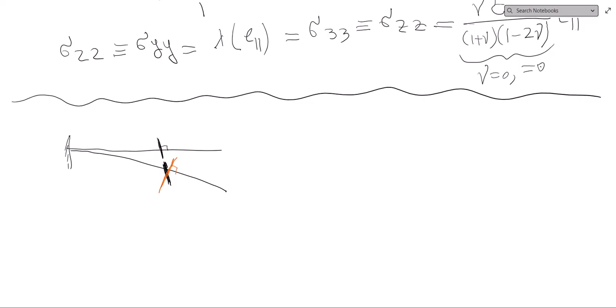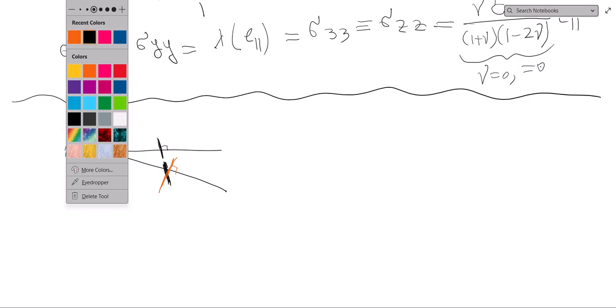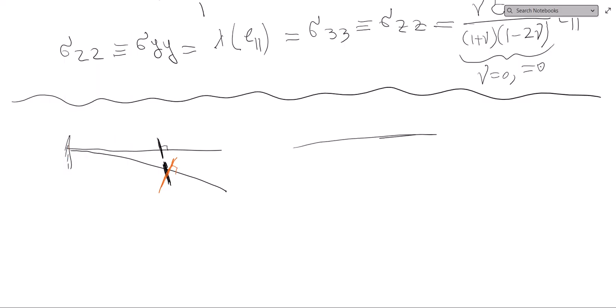Now, Timoshenko relaxes this and says, okay, if you have the beam and then you get deflection, your initially normal plane remains plane.